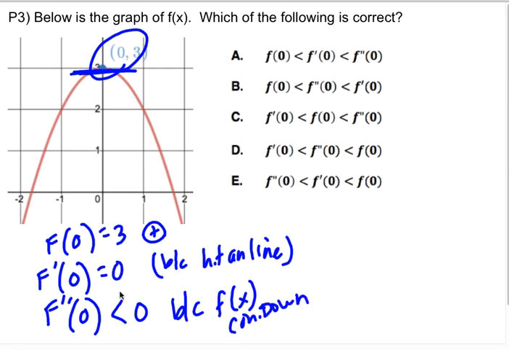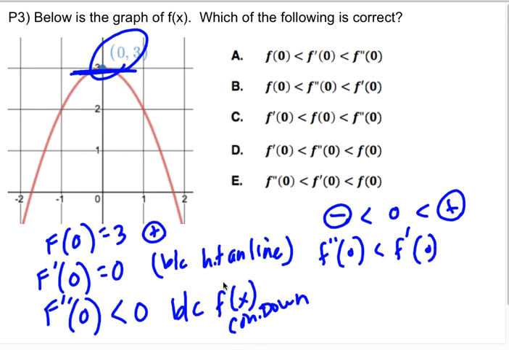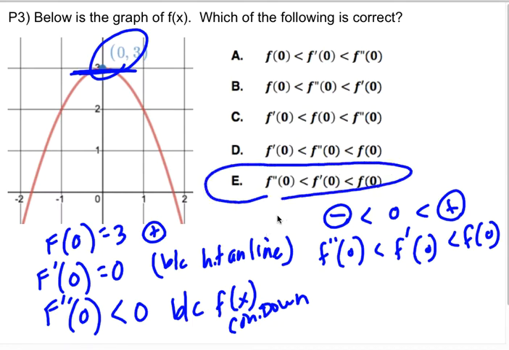So I know that negative numbers are smaller than 0, which are smaller than positive numbers. So the negative number, which is f double prime of 0, is smaller than the 0 number, which was f prime of 0, which is smaller than the positive number, that was f of 0. So I'm looking for f double prime to be smaller than f prime to be smaller than f of 0, and that's answer E. All right.